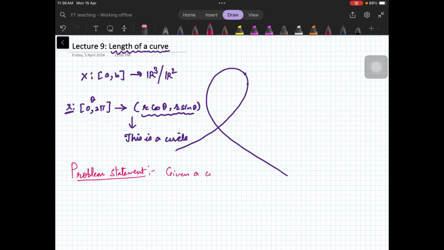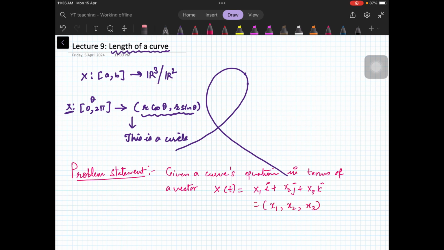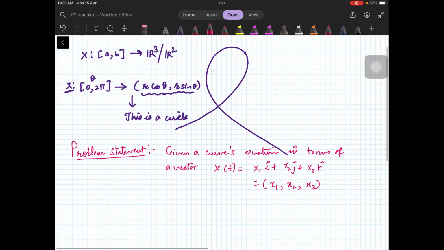a curve's equation in terms of a vector, which we denote as x(t) vector, which is some component x1 i cap plus x2 j cap plus x3 k cap, right? So basically we can also write it as x1, x2, x3, which is in the component form if we want to avoid i cap, j cap and k cap, right?